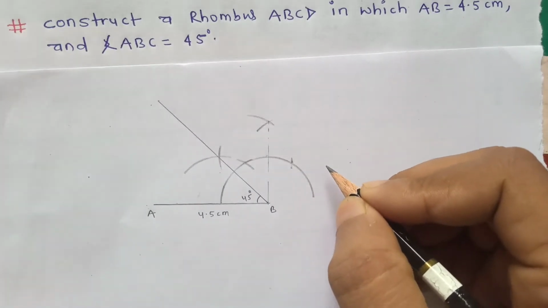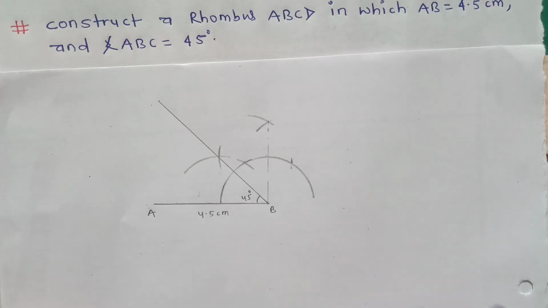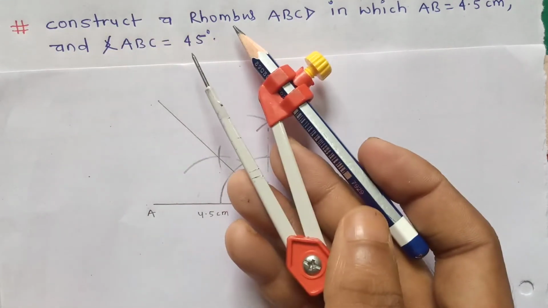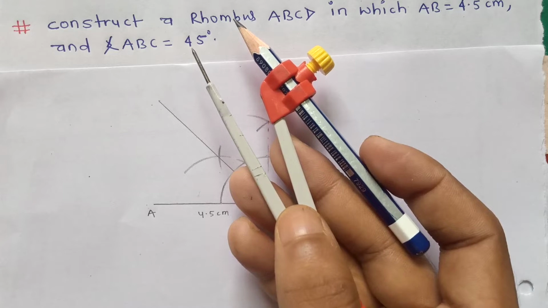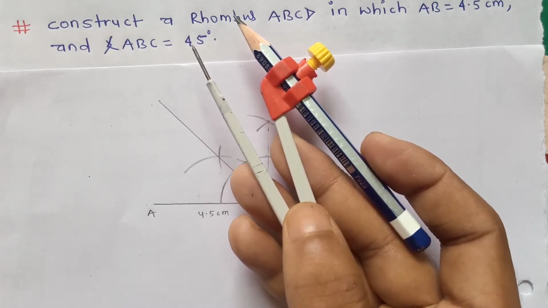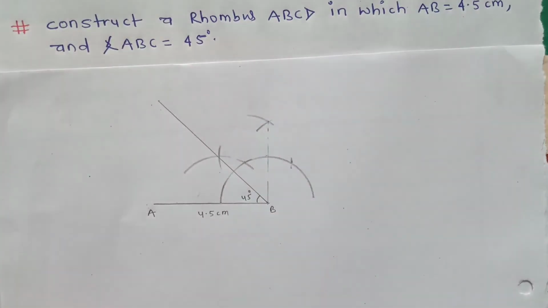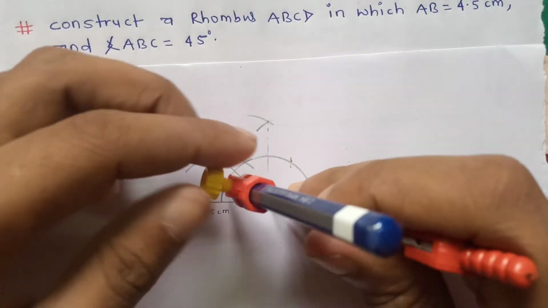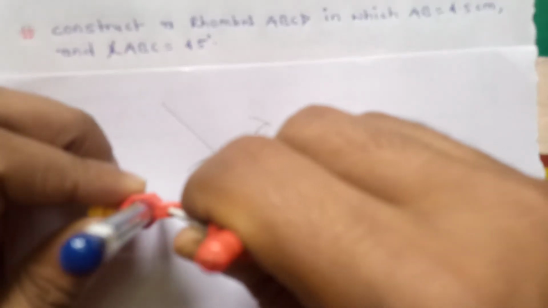This is the technique. You can read the question: construct a rhombus. Rhombus means it has 4 sides and all 4 sides are equal. So this one is 4.5, and now I am taking 4.5.